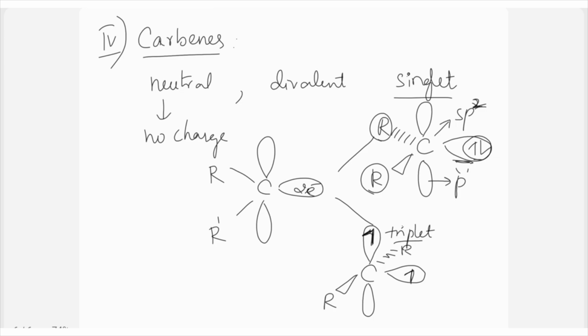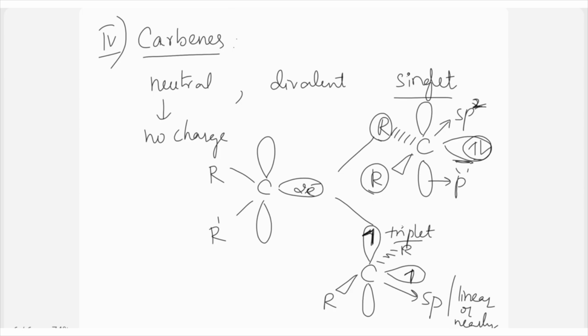And now this is going to be very close to the structure of that of the carbocation, whereas the triplet form is sp hybridized, and it is either linear or nearly linear species.